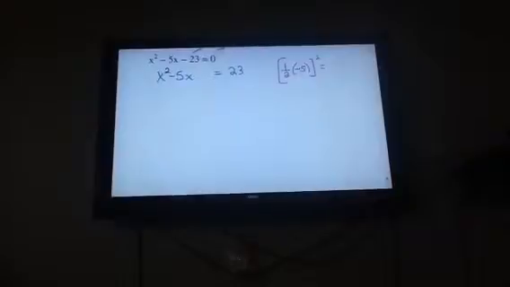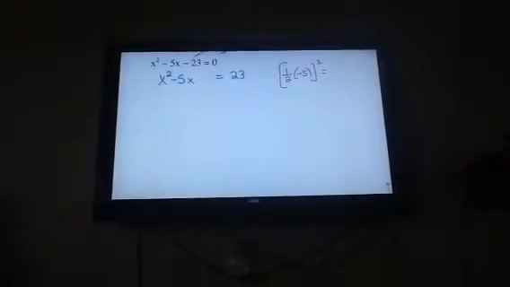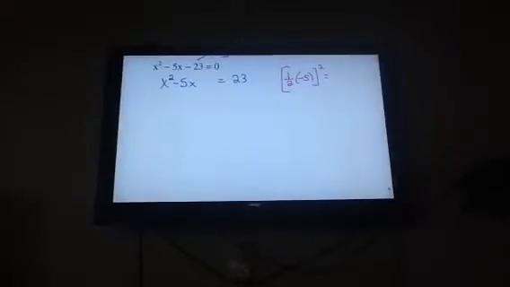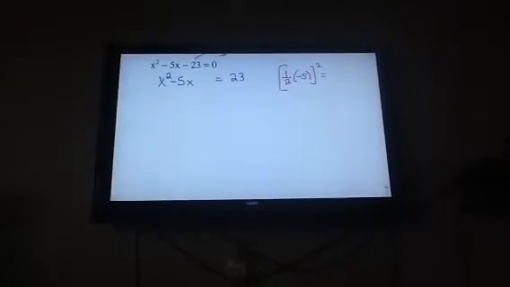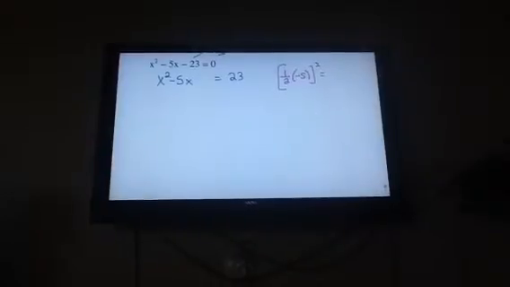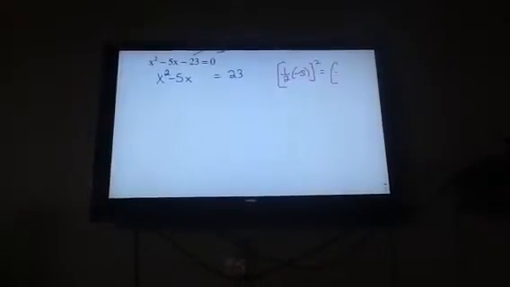Anytime you take half of an even number, that's very simple. Divide it by 2. Anytime you take half of an odd number, it's just that number over 2. Half of 5 is 5 over 2. Half of 7 is 7 over 2. Half of 11 is 11 over 2. So half of a negative 5 is a negative 5 over 2.